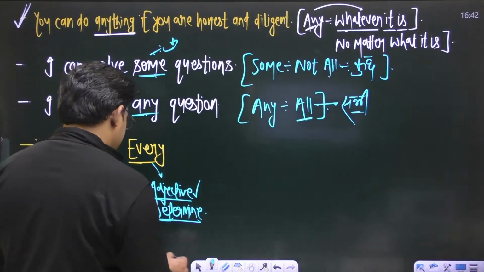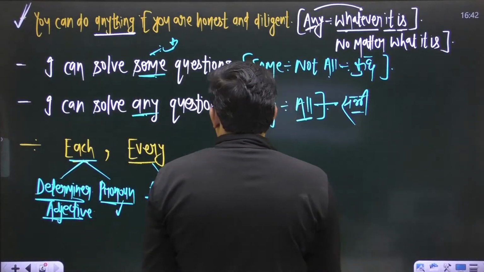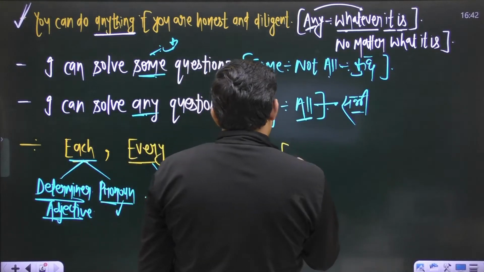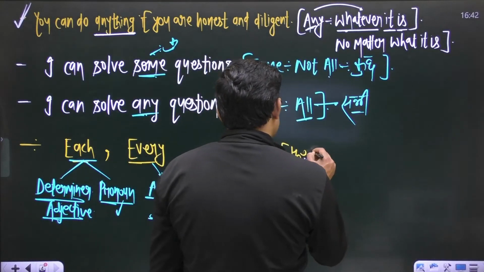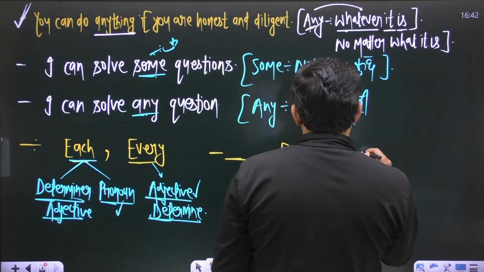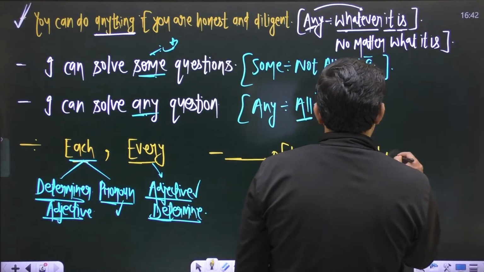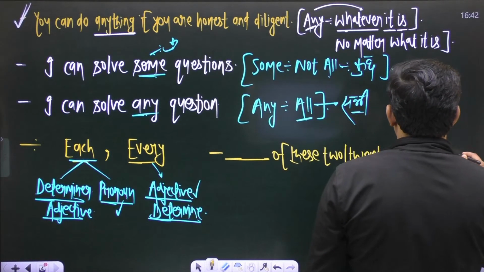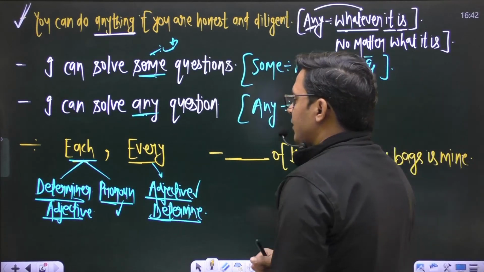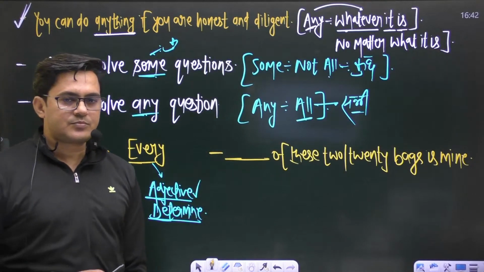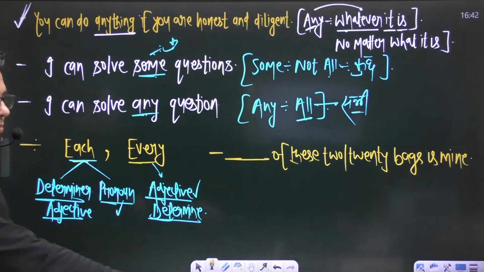So let us take some example. If I say, blank of these 20 bags is mine. Blank of these 20 bags is mine.